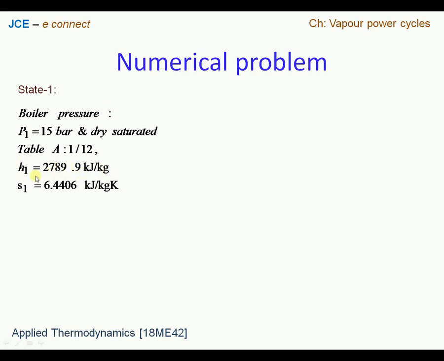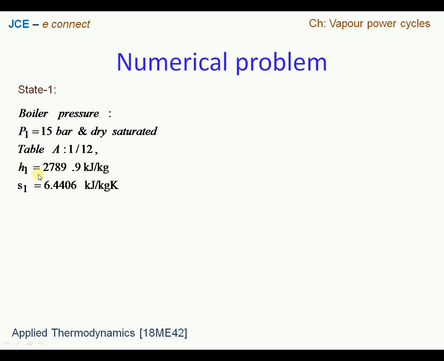Similarly, at that point the corresponding entropy will be S1, which is the Sg value from the data table pertaining to 15 bar. Please note that we are not going above the Hg value because they have given us steam supplied at dry saturated condition, therefore we are referring to saturated tables.